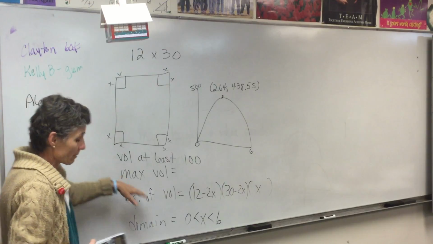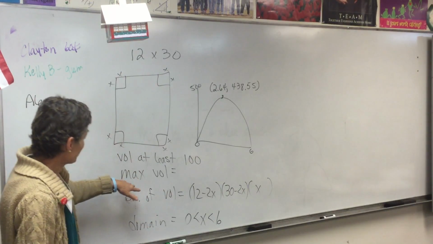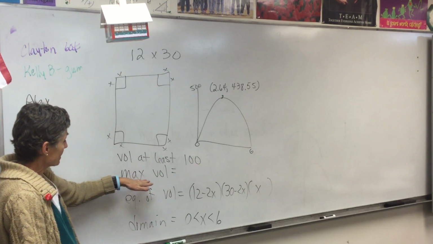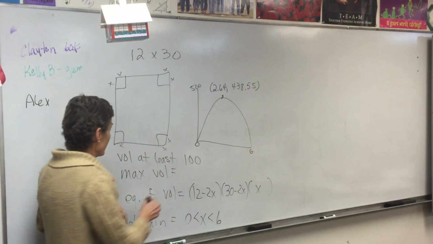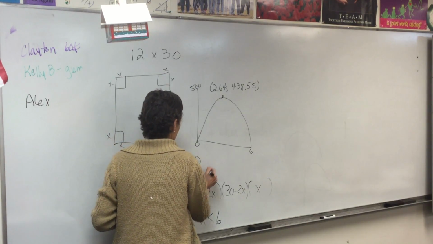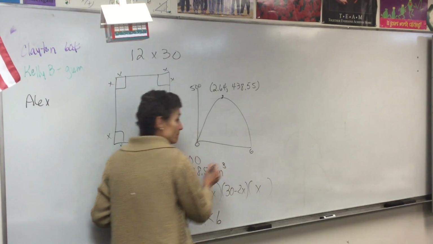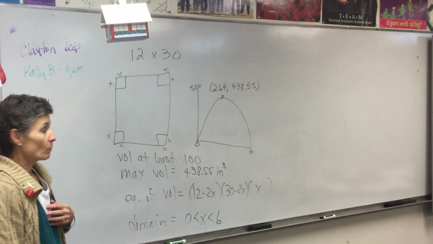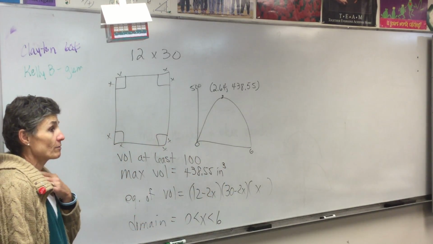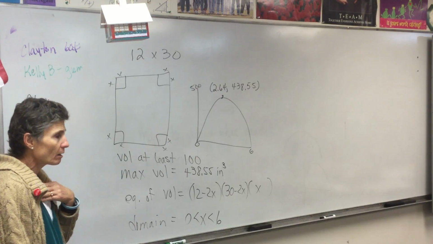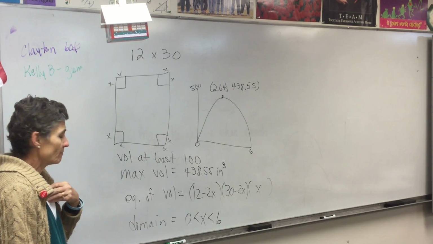Okay, so now be careful, because lots of different questions could be asked. This one said, what's the maximum volume? So the answer would be 438.55 cubic inches. But we could also ask, what are the dimensions of the box with the maximum volume?